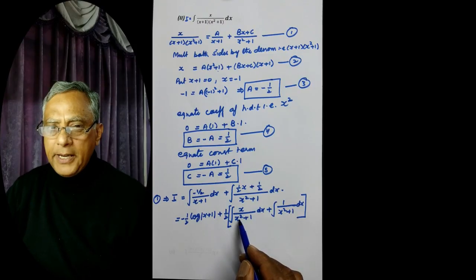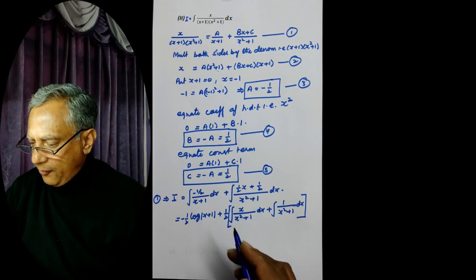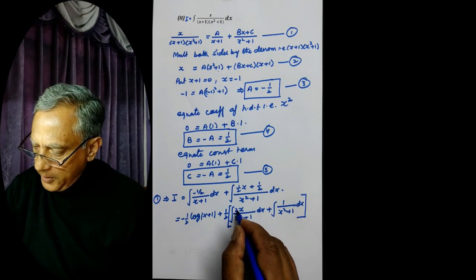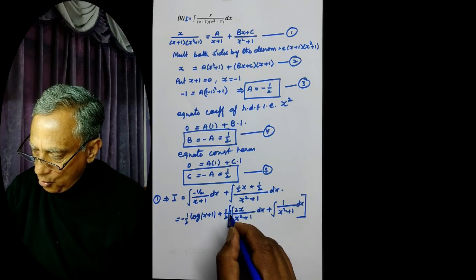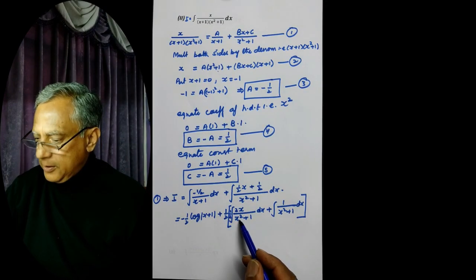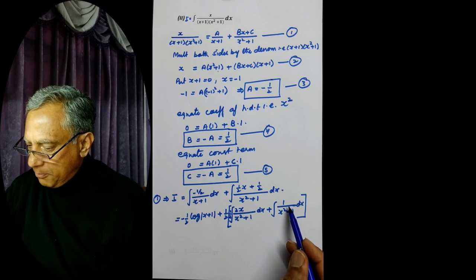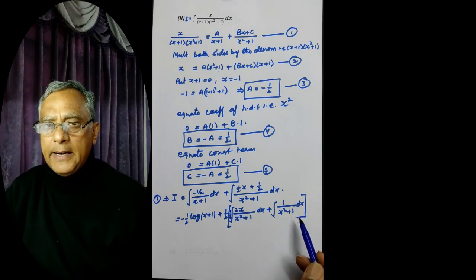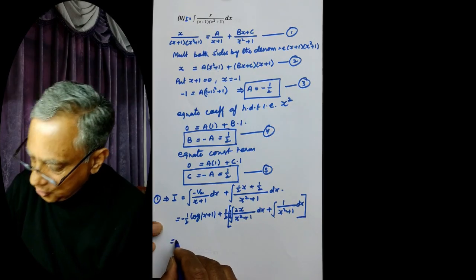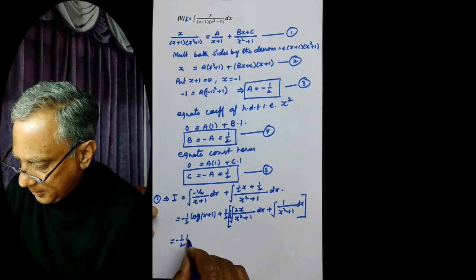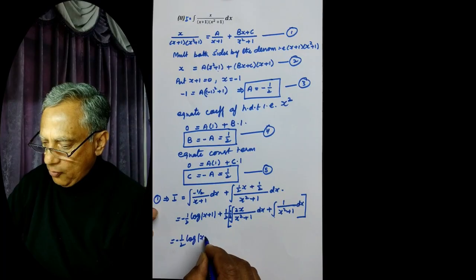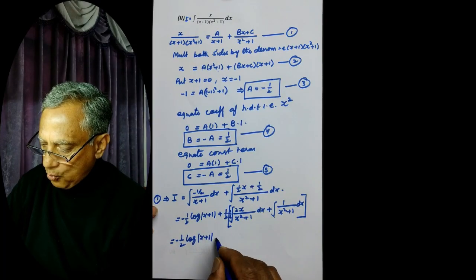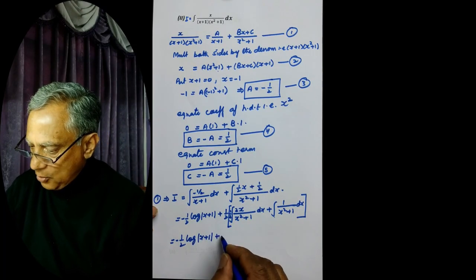This is a complete integral because differential of x square is 2x. So what we will do is we will multiply this by 2 and divide this by 2. So this will be a complete integral, and integration of this is known, and we know it is tan inverse x.